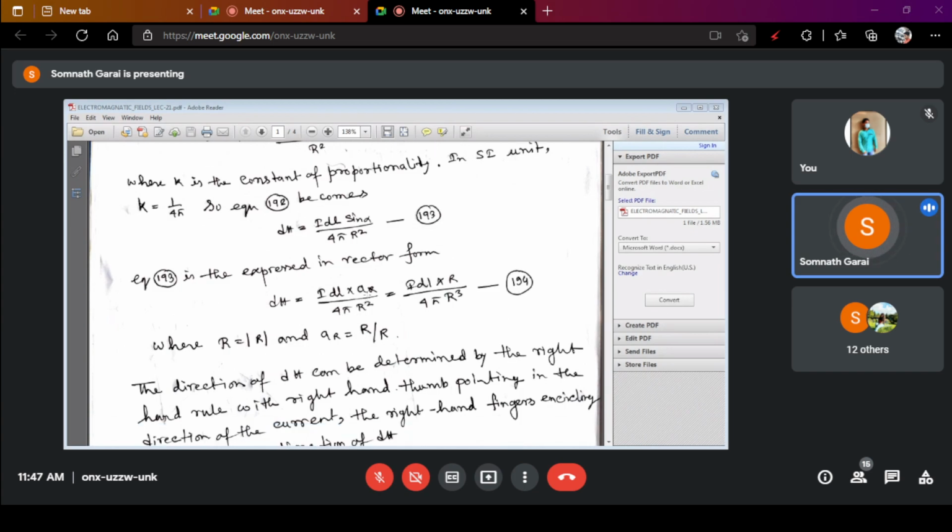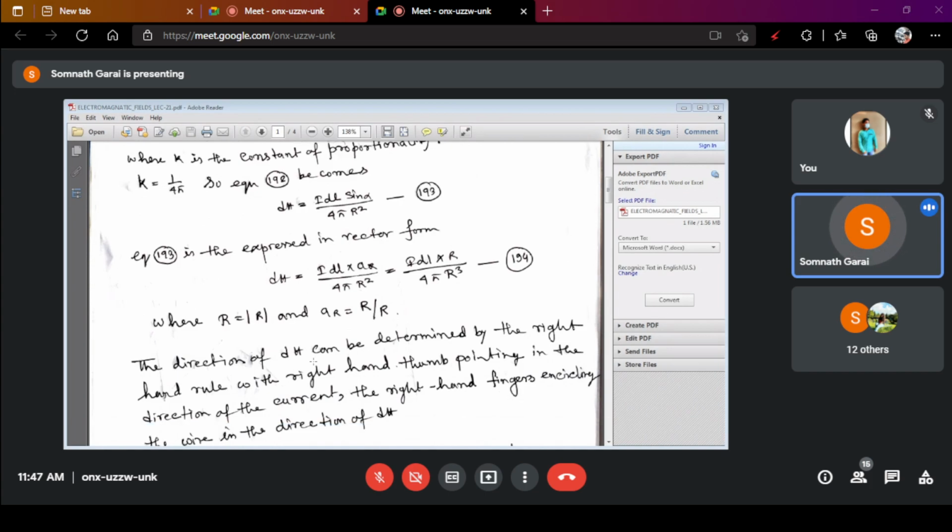aR is the direction of this magnetic field intensity. We know that aR is the unit vector, which is the vector divided by its magnitude.